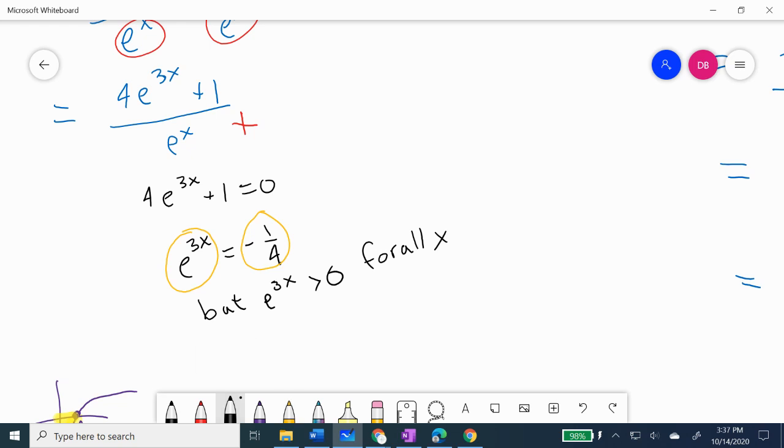Now, if you look at exponential functions, just a basic e to the x, only positive numbers come out of it. If I multiply the x by a 3, all I'm doing is horizontally stretching the graph. That's not causing the answers to be any different; they're all positive numbers. So an exponential function can never be equal to a negative number.